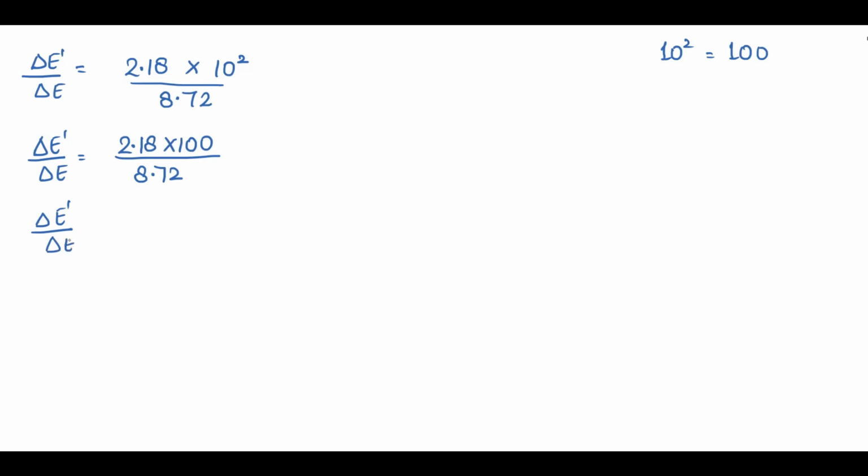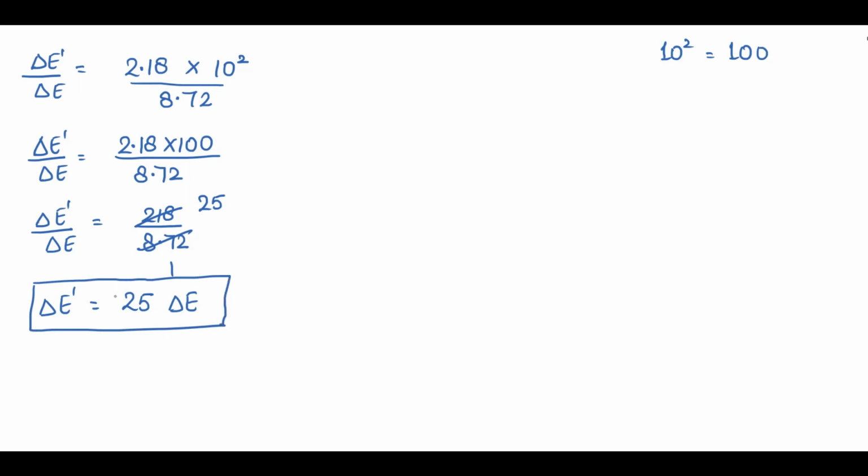Delta E dash by delta E equal to 218 divided by 8.72. So when you will divide 218 with 8.72, your answer will be 25. Delta E dash equal to 25 times of delta E. That means the ionization energy of first orbit will be 25 times the ionization energy of fifth orbit.